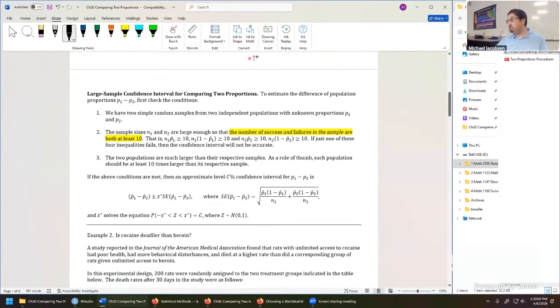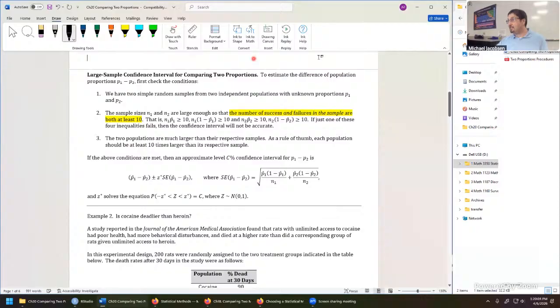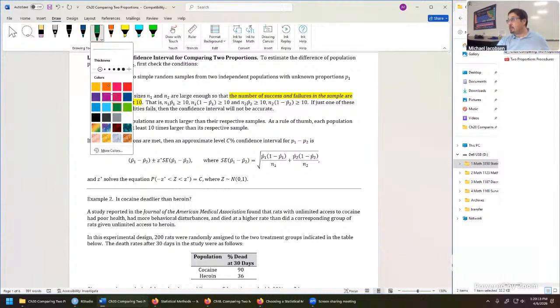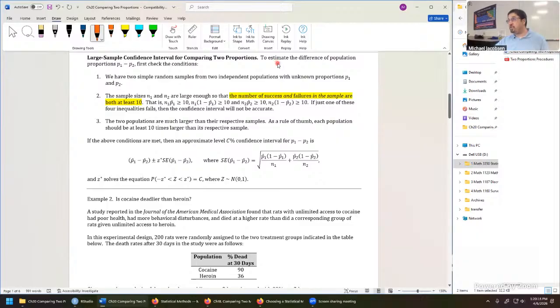So here is our full procedure all laid out. A lot of this probably looks pretty familiar, but let's pay close attention to where the changes are. We're going to use this procedure to estimate the difference in population proportions, P1 minus P2.